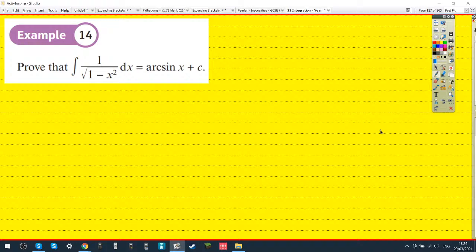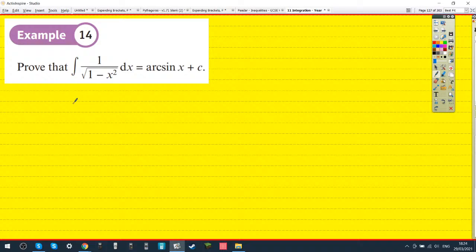How about this? Okay. So I'm going to assume here it's going to be something like u equals 1 minus x squared. Or is it just going to be u equals 1 minus x?